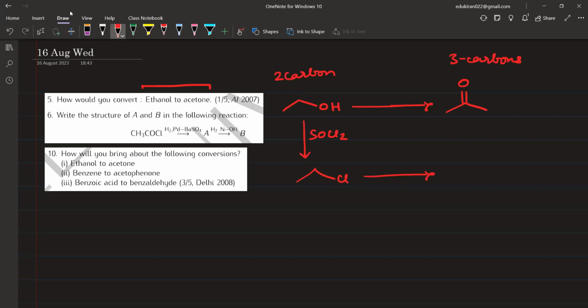Then this haloalkane can be treated with KCN, right? As soon as you react this with KCN, you are going to get, oh, wait a second, it is acetone, no? My bad. Wait a second. I thought it is, wait a second, please. Not then this.